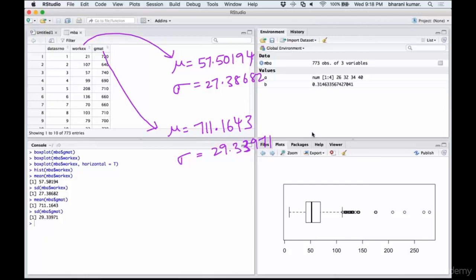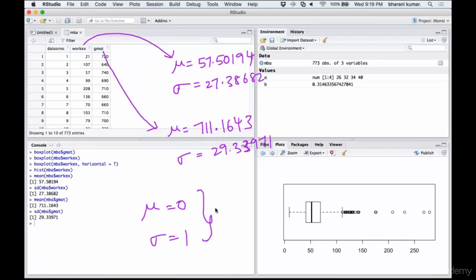Can I have some kind of a standard representation so that for each and every random variable, I have the same mean and the same standard deviation? Can I make this happen? Can I have mu equal to 0 and sigma equal to 1 for any random variable rather than having different values?